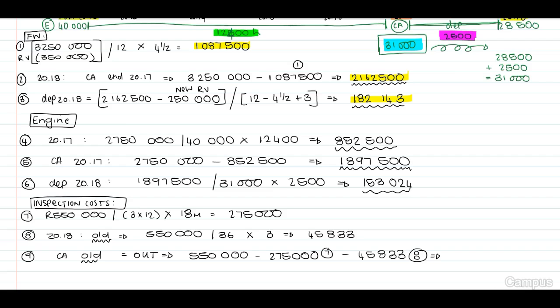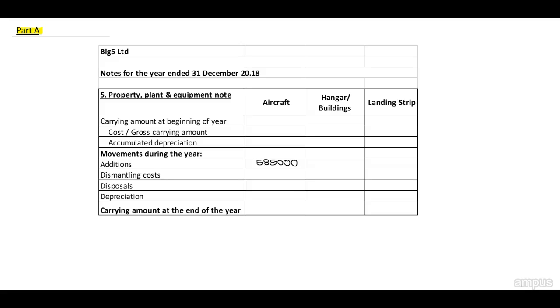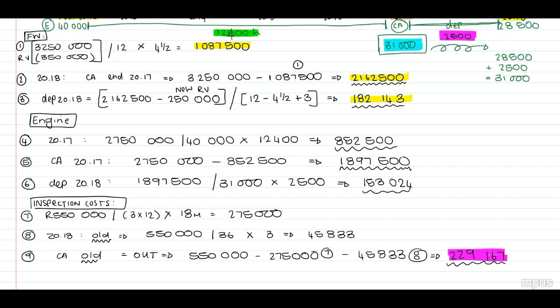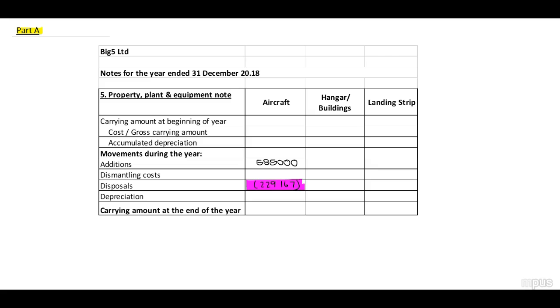And this will be an amount of 229,167. Okay, so immediately I'm going to transfer this amount to my PPE note, the disposal. 229,167. Guys, this was calculation number 9.